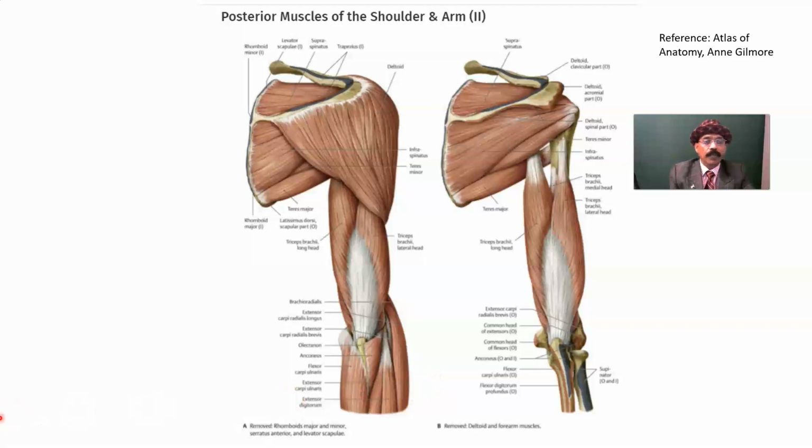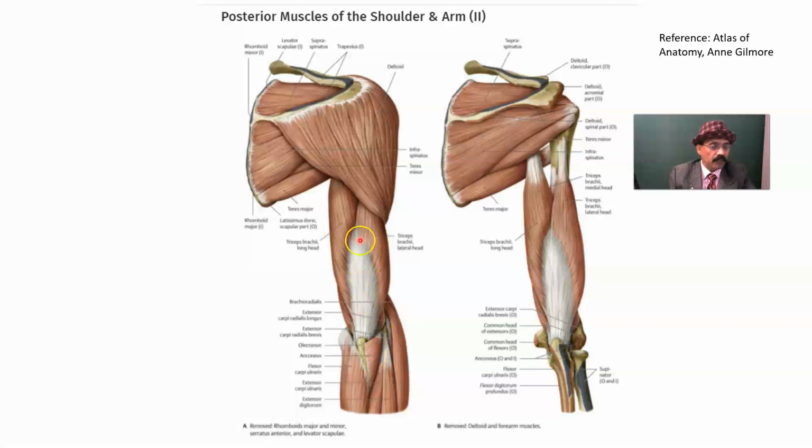We have another muscle, the anconeus, coming from the posterior aspect of the lateral epicondyle. It is a weak extensor of the elbow joint, and it also gets innervation from the radial nerve.